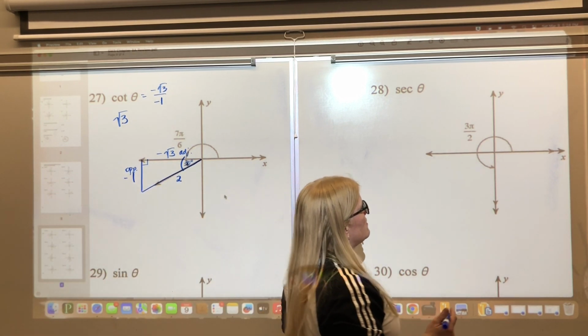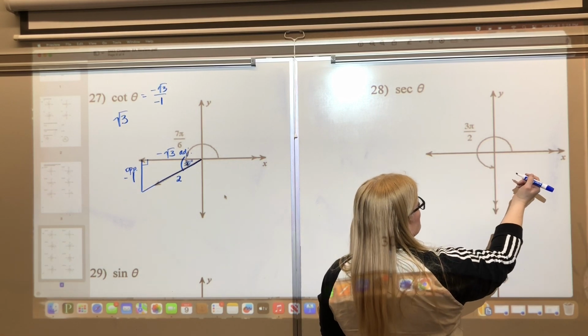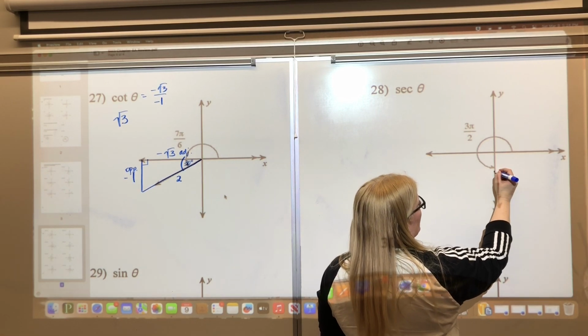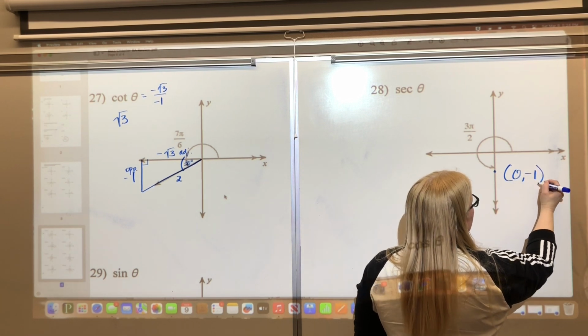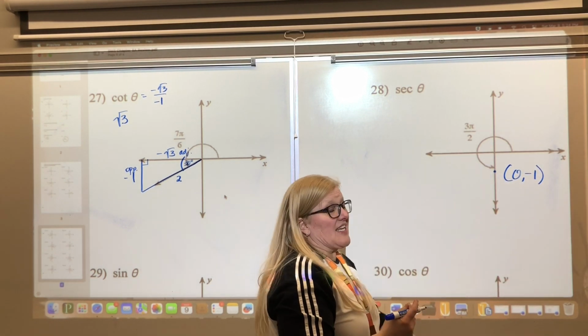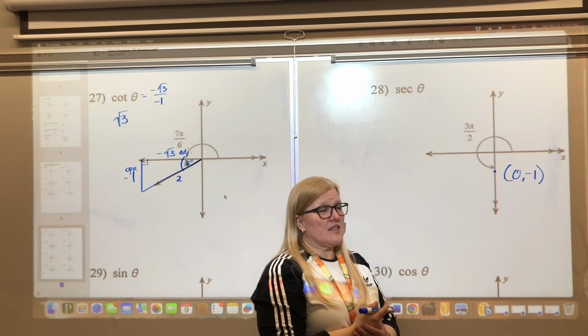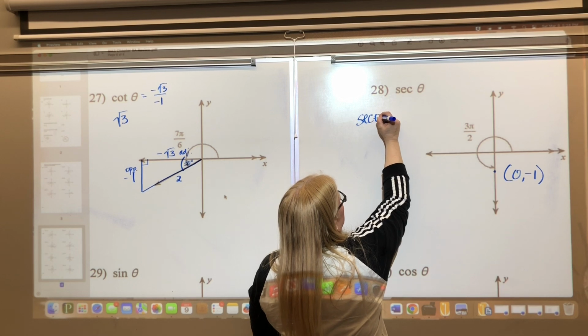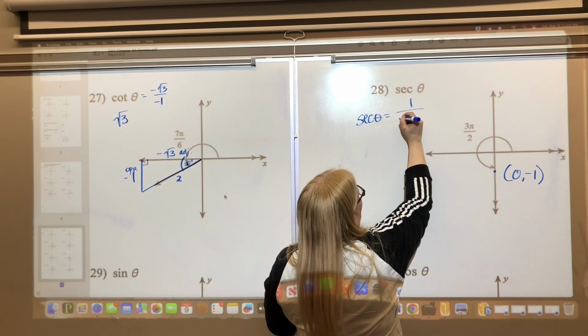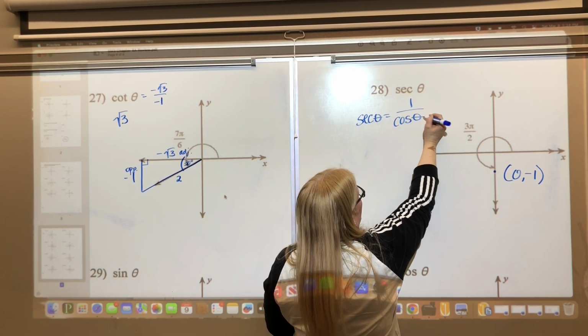Okay, we've got 3 times 3 pi over 2 again. So we've got 0, negative 1. We've got the secant of theta. Okay, here's something else you need to have memorized. The secant of theta is 1 over cosine of theta.